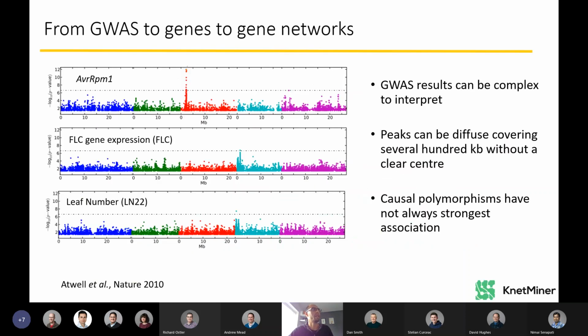So I'm going to talk a little bit about genome-wide association studies. It's similar to QTL studies, just using different populations to identify regions in the genome that are associated with a trait. These GWAS studies can sometimes be a bit noisy, and identifying genes in these studies is very challenging as well.